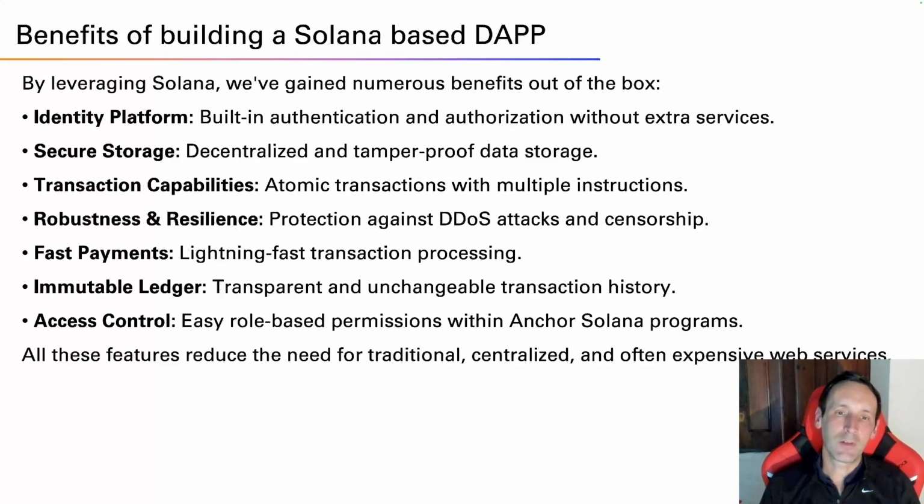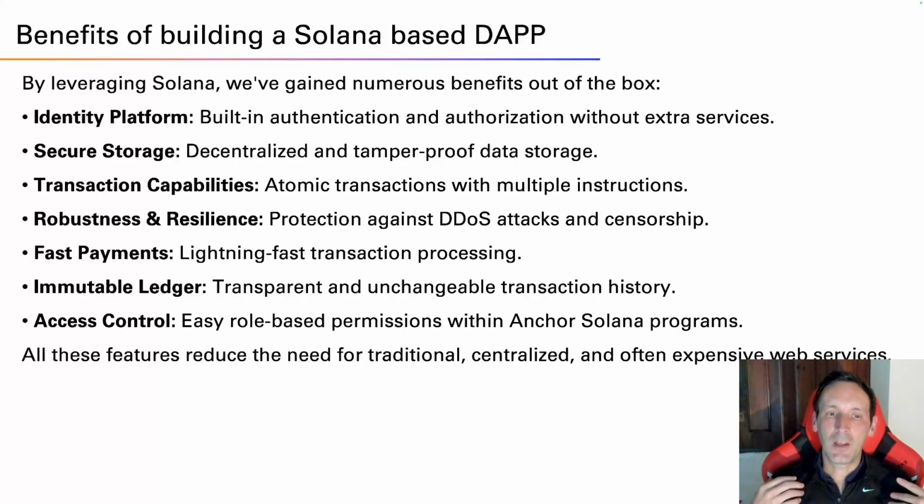Fast payments are one of the key features of Solana, so it's super fast. And with Firedancer coming, it's going to be even faster, 1 million TPS. It's going to be crazy, and crazy cheap as well, with the new storage accounts taking advantage of compression.